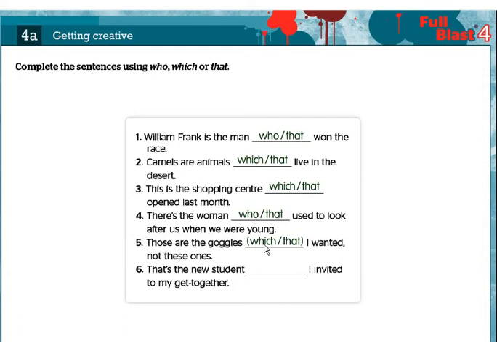Those are the goggles which I wanted, not these ones. That's the new student, okay, who I invited to my get together.